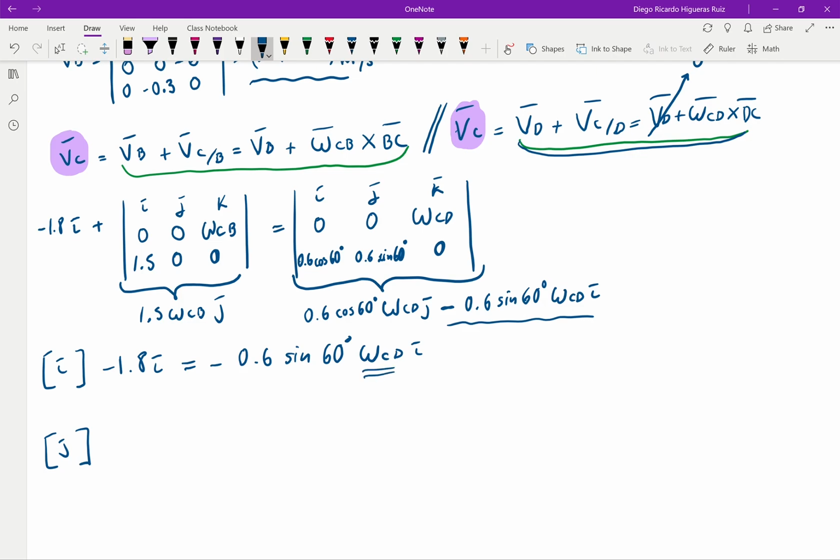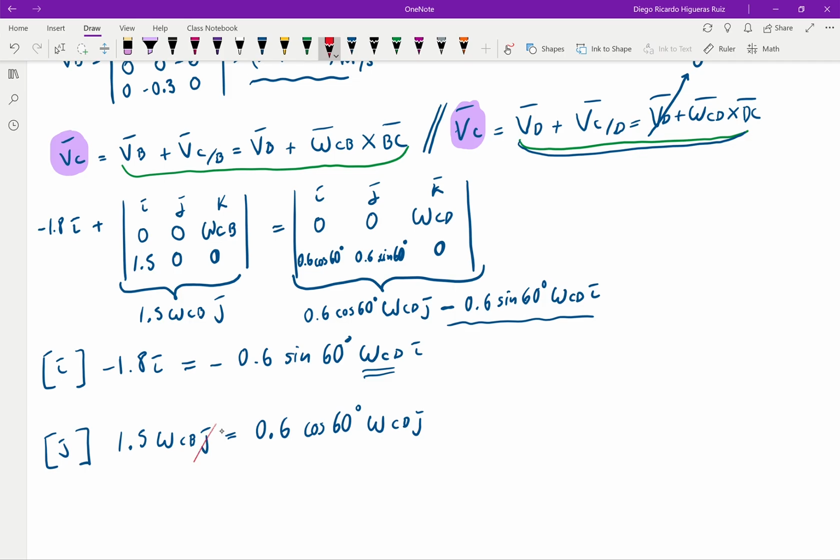Okay, let's see what's happened with the second one. For the second one, we're going to have 1.5 omega CB J equal 0.6 cosine of 60 degrees omega CD J.